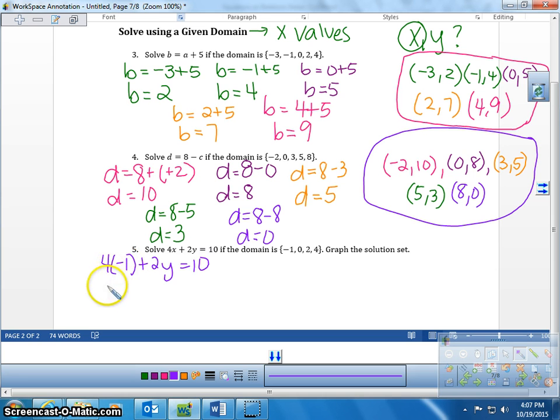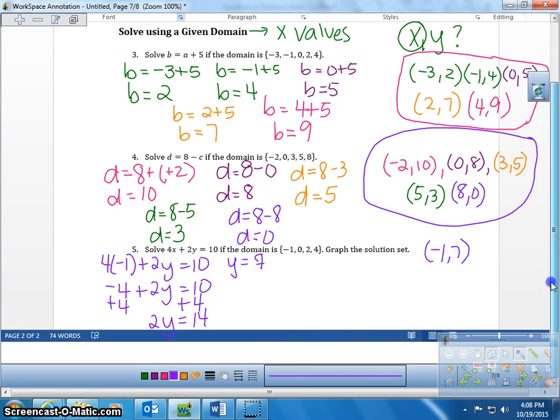So 4 times -1 is -4 plus 2y is equal to 10. If it's a -4, I'm going to add it to the other side. 2y is equal to 14. Divide, y should get you 7. So my ordered pair is -1, 7.